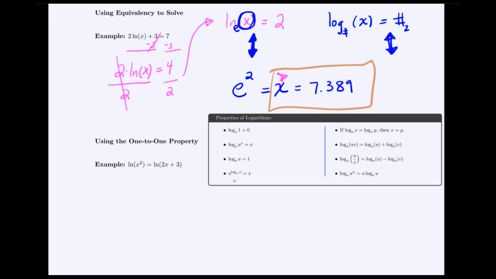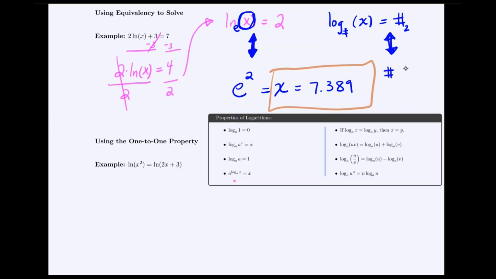So you could rewrite this as x to, we always switch input and outputs. The output of the original becomes the input of the exponential, and sorry, we keep the same base, so this should be the number there.